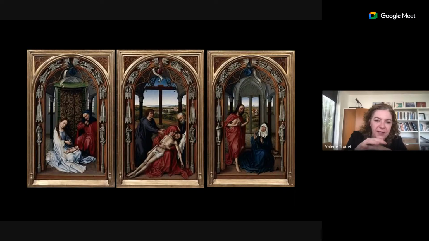So there's no way that van der Weyden could have painted this himself, because the tree was still alive at that point. So this is proof that the Metropolitan Museum copy was actually a valuable copy, but not the original.